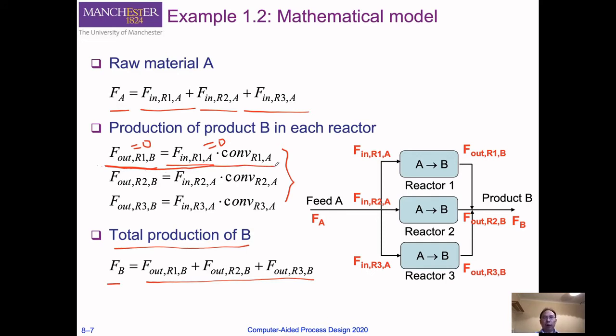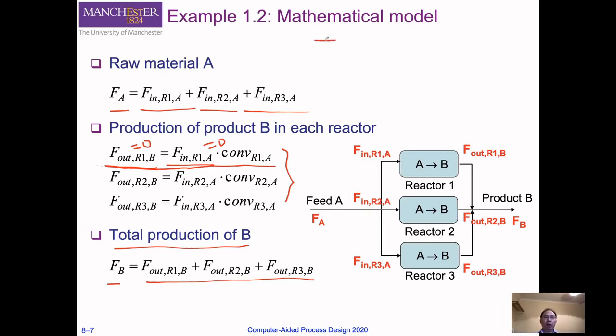And if reactor 1 is selected, then we also have this equation to ensure the outlet flow rate of B is equal to the inlet flow rate of A times the conversion of A to B. As we have discussed before, we can also use two slack variables in this equation.